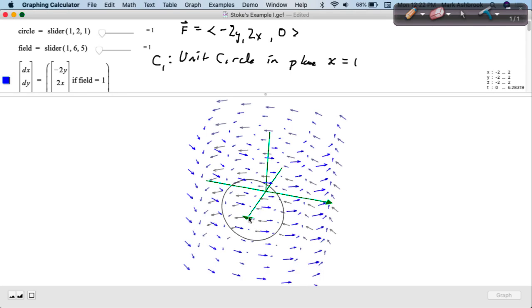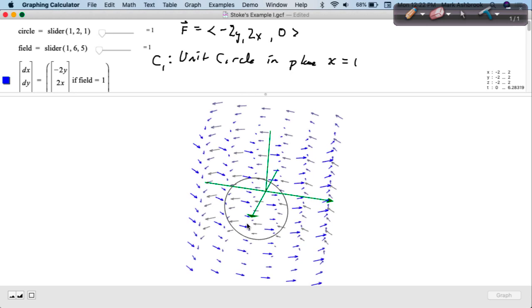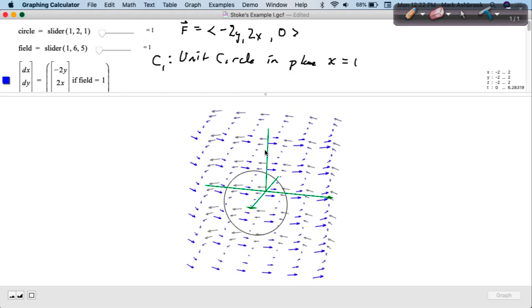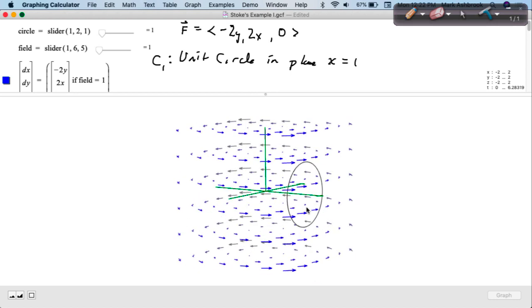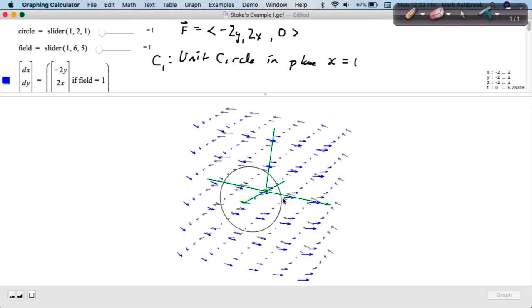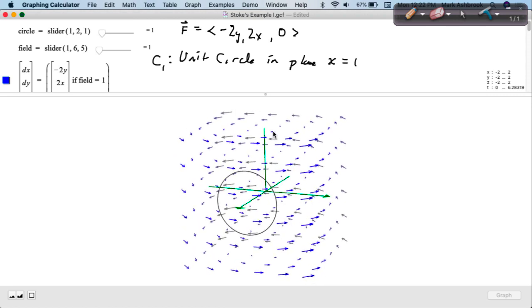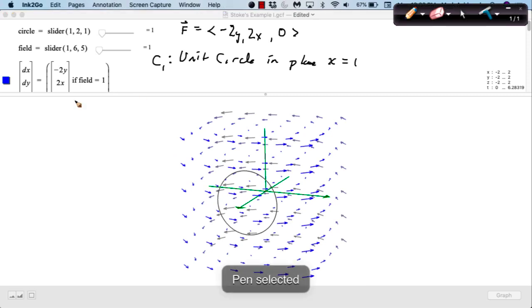So we're going to look at both sides of Stokes' theorem here, right? So the one side of Stokes' theorem says, let's look at the circulation around that outer boundary, right? The circulation around that outer boundary. So what vectors do we care about here for that? So I'm going to look at this side of Stokes' theorem. And this is for C1, the unit circle in the plane x equals 1.